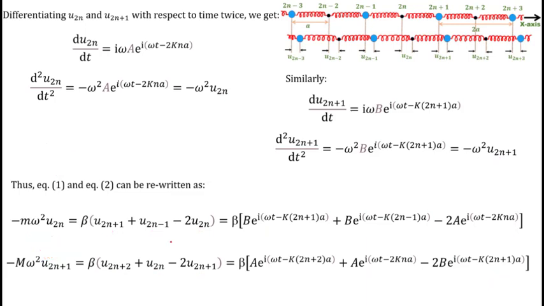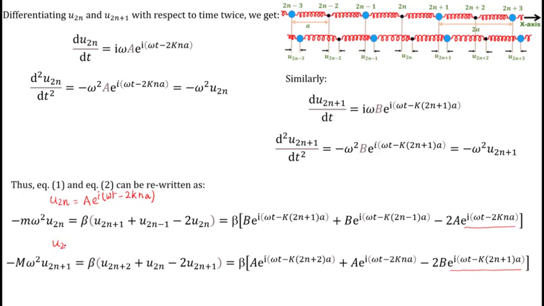Now from this expression, we can take e to the power i omega t minus 2kna common, and from this expression we can take e to the power i omega t minus k times 2n plus 1 times a common. This is because we know u2n is A times e to the power i omega t minus 2kna.